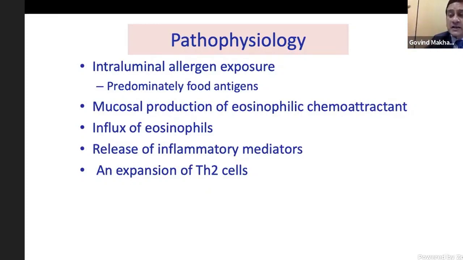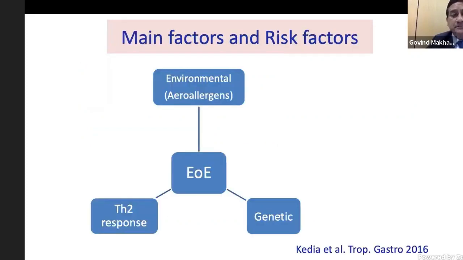From bone marrow, they come to circulation, and then they infiltrate the target site where there is an antigen exposure. And this influx of eosinophils leads to release of multiple cytokines. That leads to expansion of Th2 type cells, and that leads to a cascade of inflammatory response, and that leads to damage to esophageal mucosa or esophageal dysfunction.